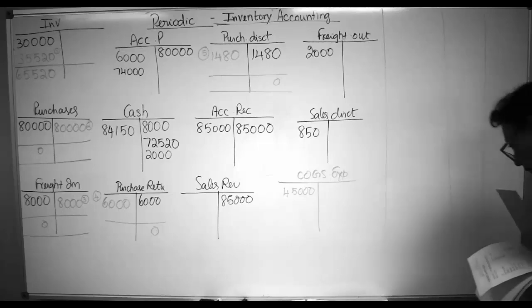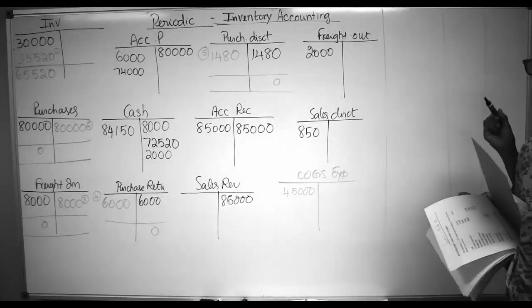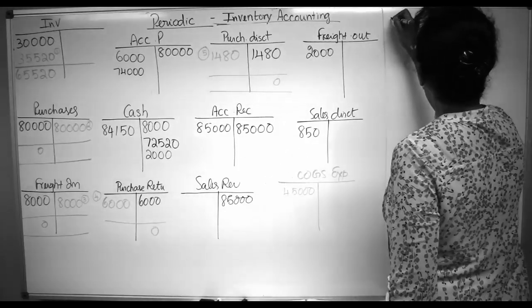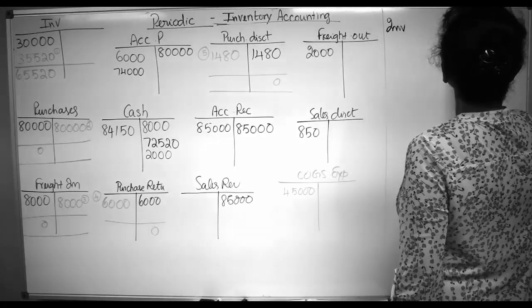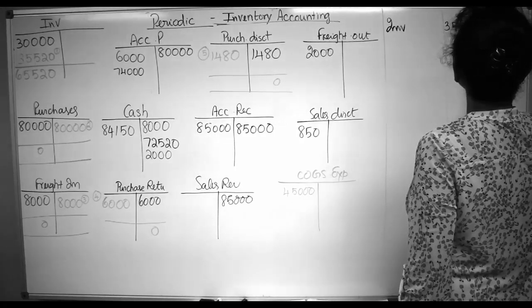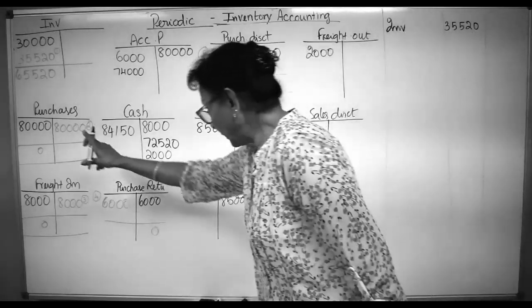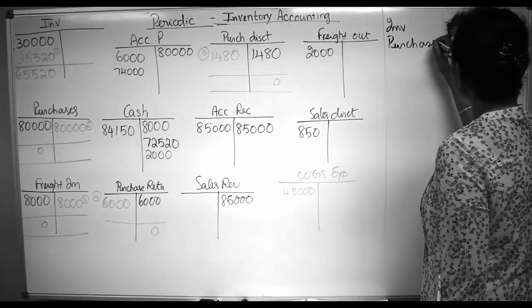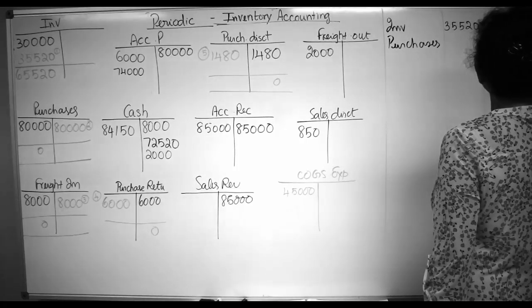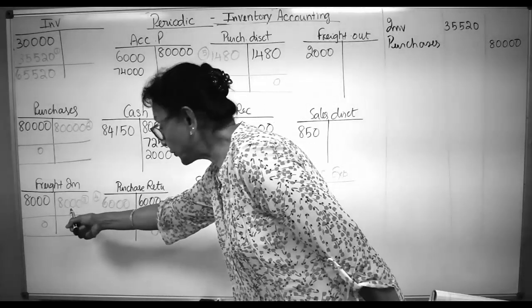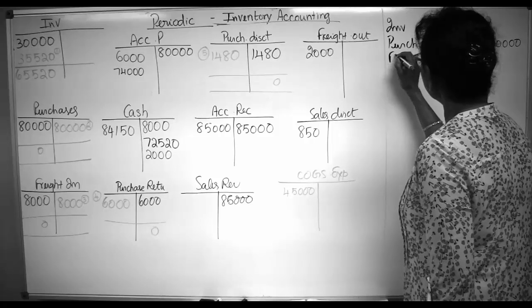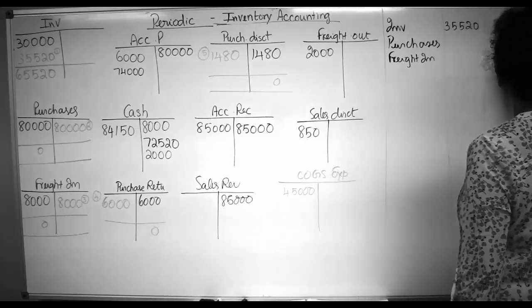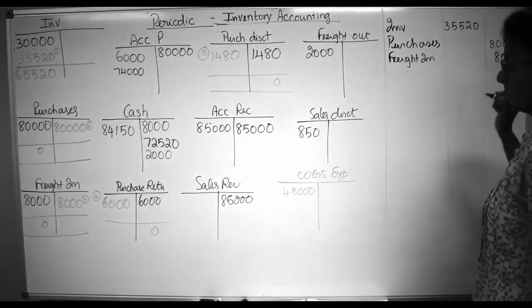What we did was we debited inventory $35,520, and then we credited the purchases $80,000, and then we credited the freight in $8,000.